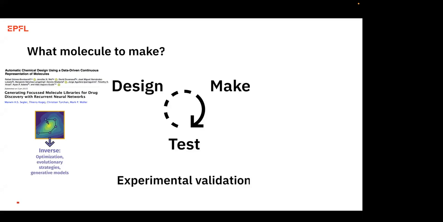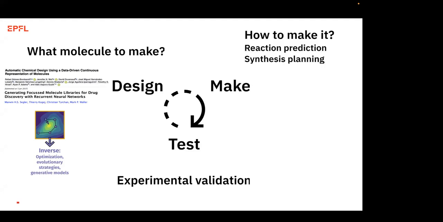And then the end goal should be experimental validation. But this is not always achieved in the in silico studies because the make part is actually super hard to do. And in my past research, I focused on accelerating the make part of the molecular design cycle using machine learning.